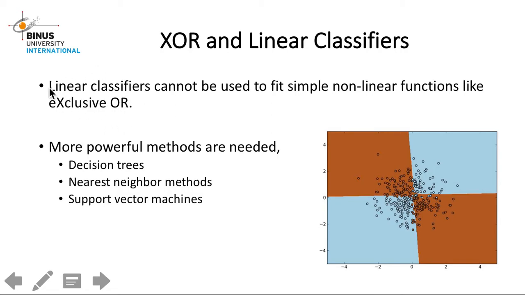You already know about this from when we talked about neural networks last semester. A simple neural network cannot solve this kind of problem when the data is not linearly separable like this. So we need something else. For example, we can use decision trees or nearest neighbor, or the third alternative is support vector machines.